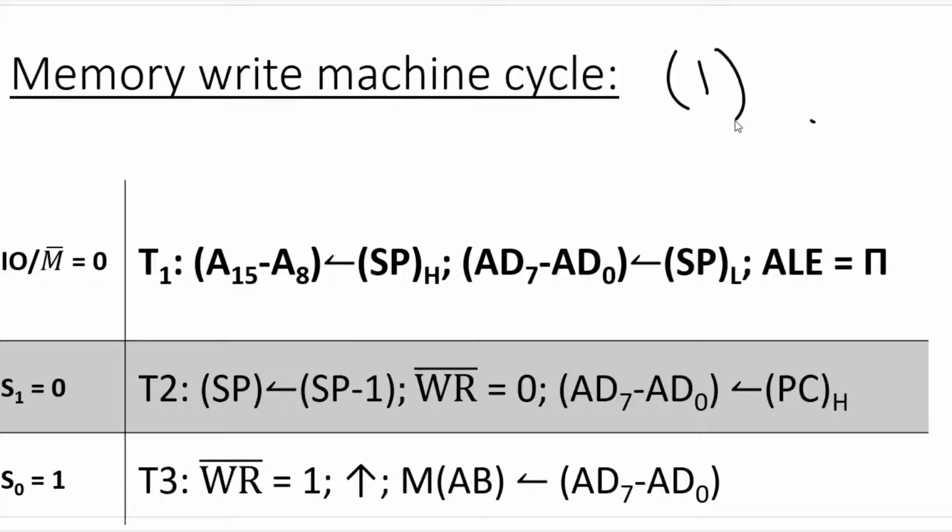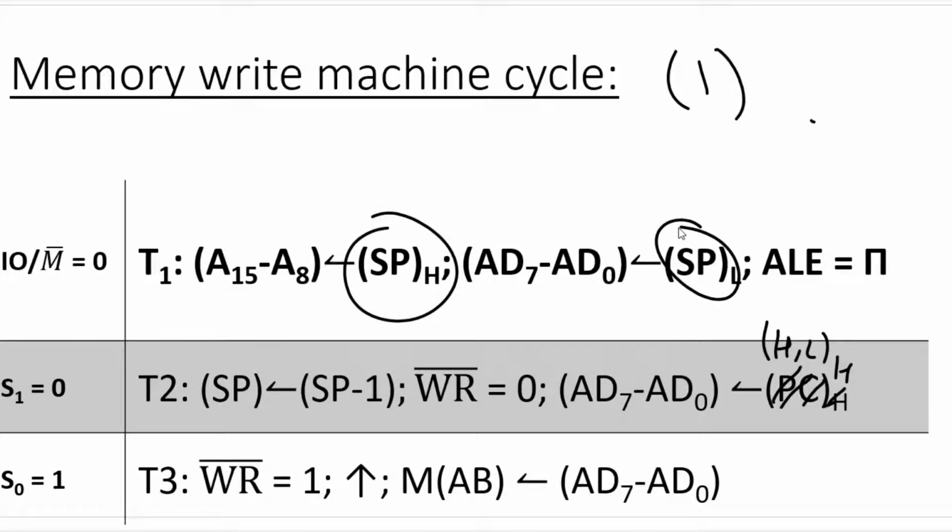Since we have already incremented it twice, it is now pointing to the top of the stack, and this data will be carrying the most significant byte. Whatever is in the HL register pair, the most significant byte will be transferred to the data bus, and from the data bus it will be written to the location the address bus is carrying, the stack pointer location. In short, the HL register pair's most significant byte will be written onto the stack. This will take place in memory write machine cycle number 1.